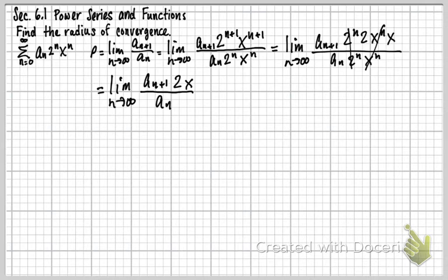Now in the book, this one was number 7, and I just wanted to give you this other piece of information that they actually gave us. They told us that the limit as n goes to infinity of a sub n plus 1 over a sub n equals 1.